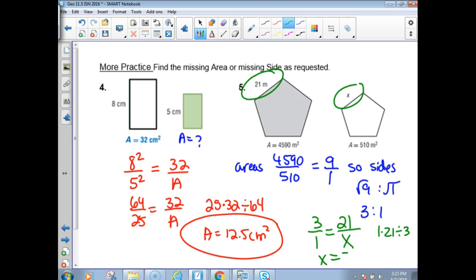So x is going to be 7 meters. Did you get 7? Okay, you did something right then. Did you do the square root of this and the square root of that? All right, well, then I don't know what you did yet, but I'll be happy to look and see how it was.